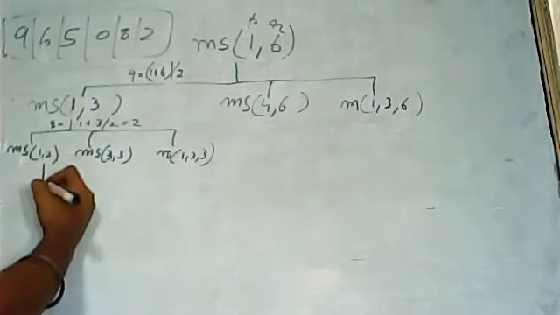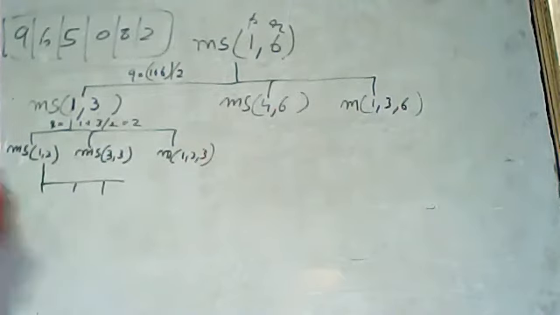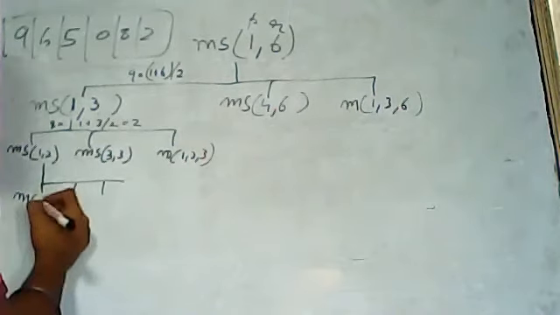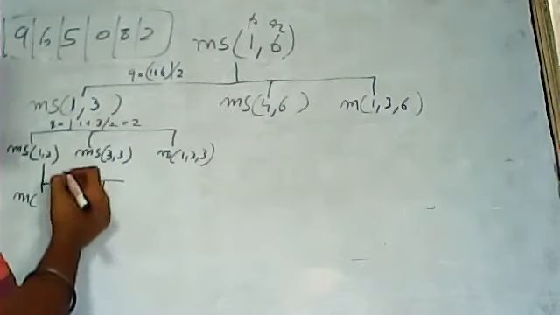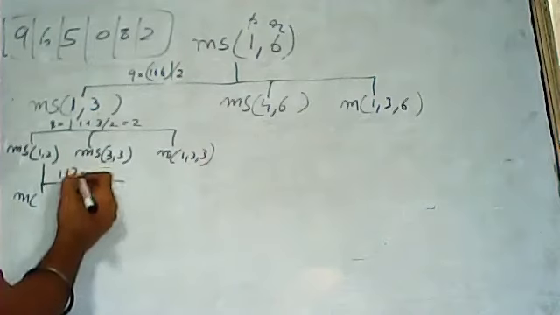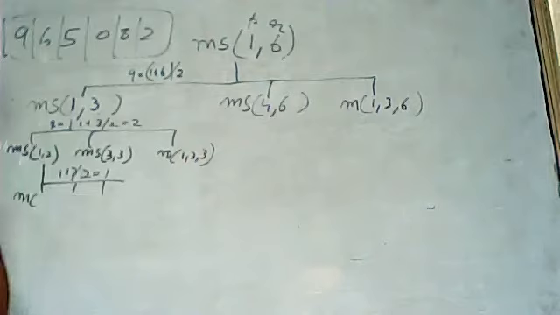So what will be happening here? There will be three function calls. We can see Q will now become 1, because 1 plus 2 divided by 2 is 1.5, that will become 1.